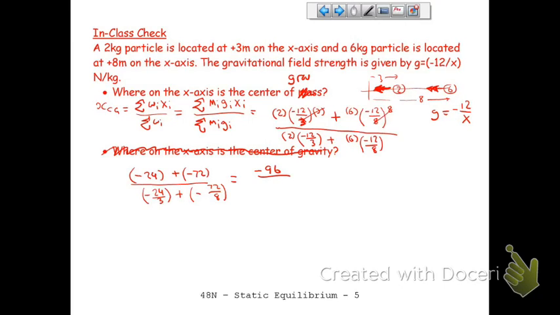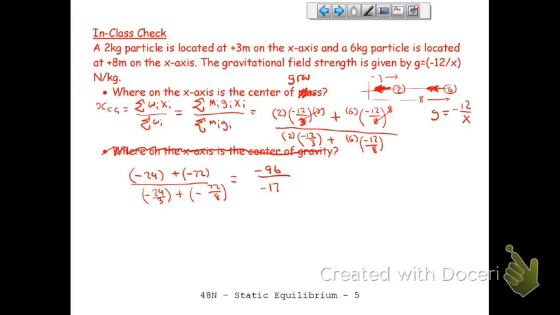Over, and then we can do this by cross multiplying, or I can just take my calculator and work it out. Sometimes I think we're just better off taking our calculator and working things out. So 24 divided by 3, added to, because we're supposed to add them, they're both negative, 72 divided by 8, and I'm getting -17.